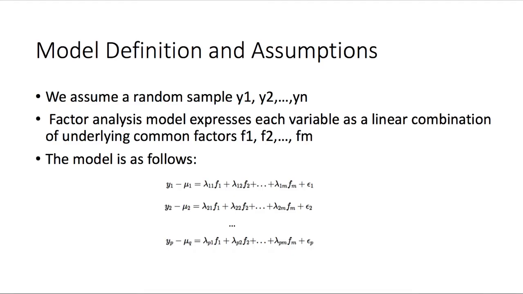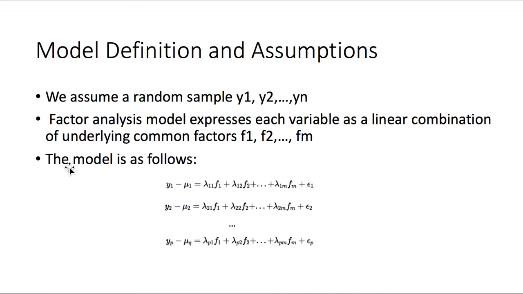The model definition and assumption. We assume we have a random sample y1, y2, until yn. Each y is a vector. The factor analysis model expresses each variable as a linear combination of underlying common factors, f1, f2, until fm.